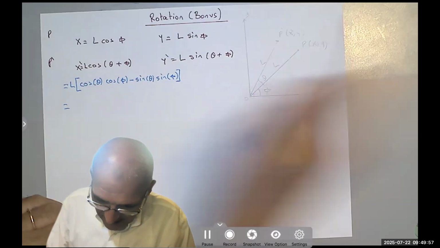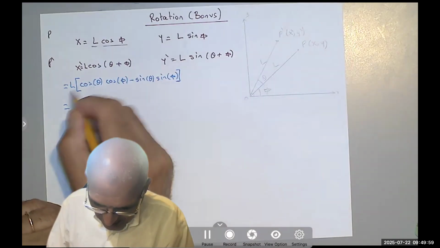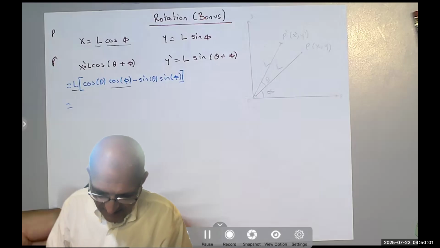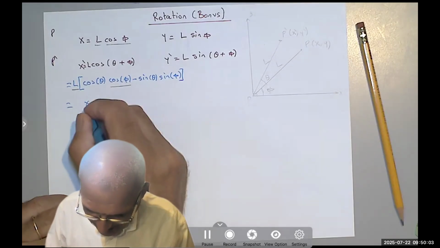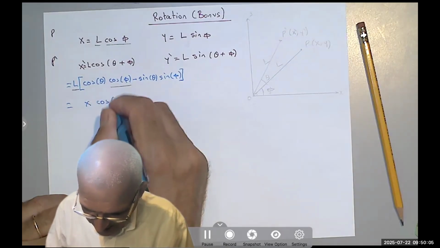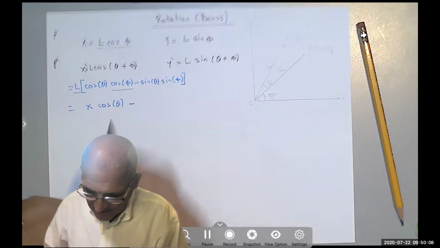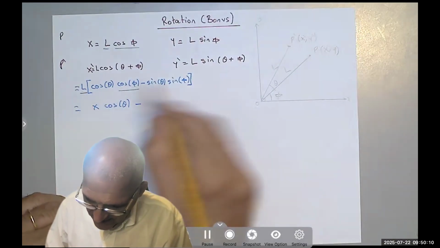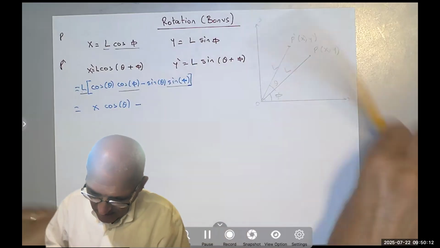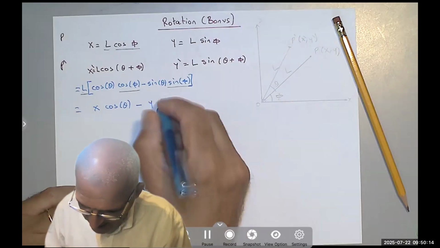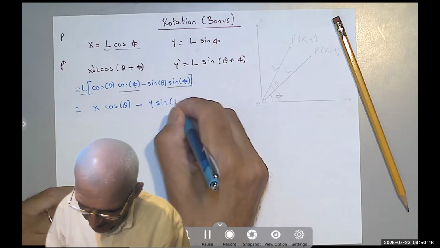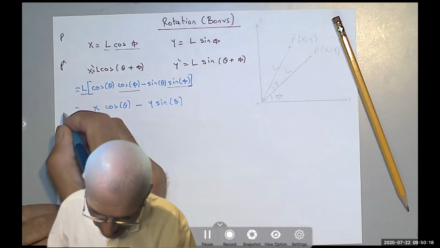I know that L cosine phi is x. So that becomes x cosine theta minus L sine phi, which is y. So minus y sine theta. This is x prime.